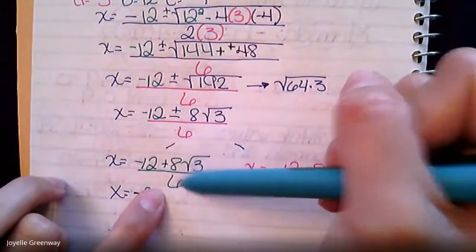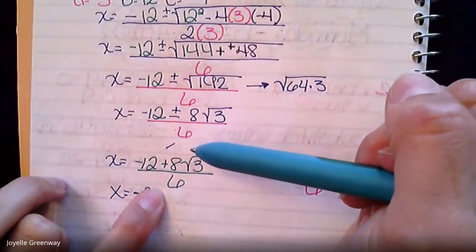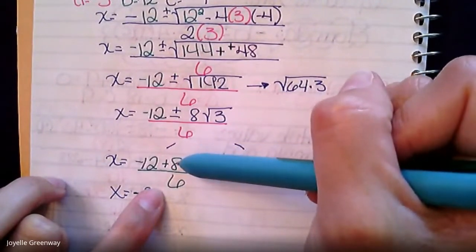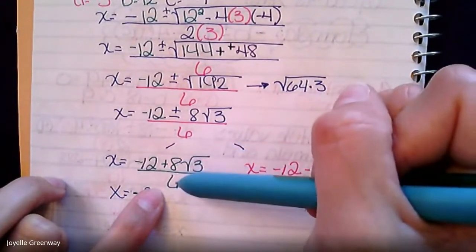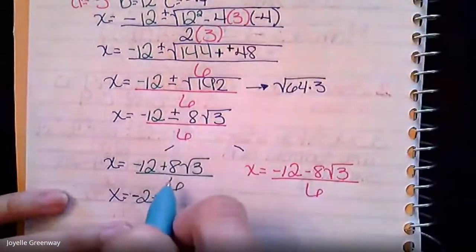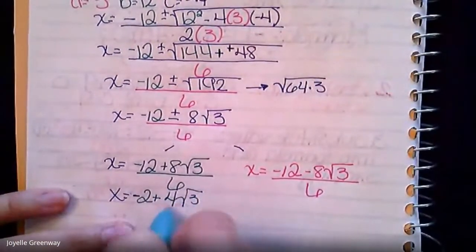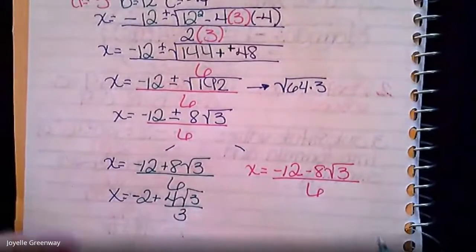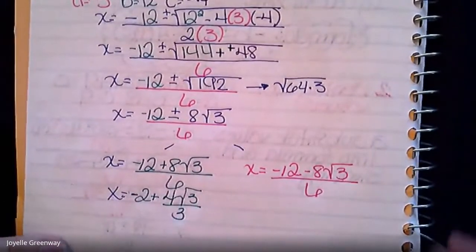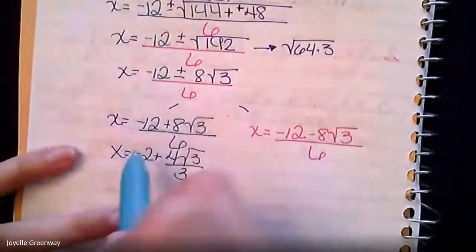So I know that 8 and 6 can be divided by 2. 8 divided by 2 is 4, and then 6, that would give me a 3. So you would have 4 radical 3 over 3. And that's how you would write your answer.